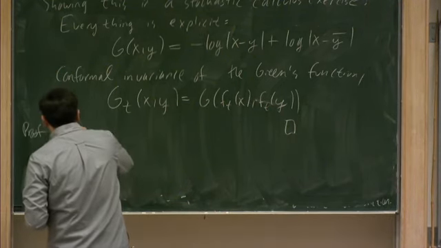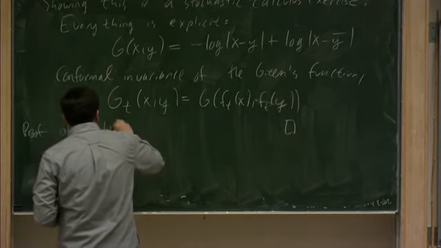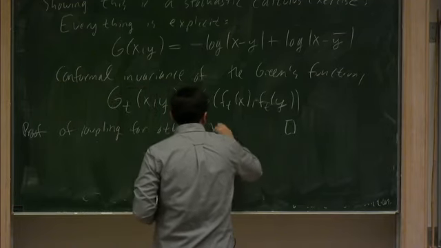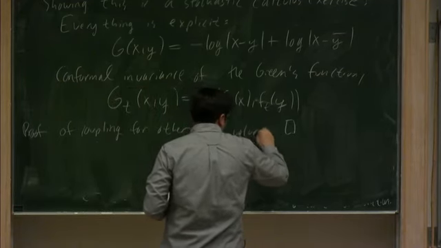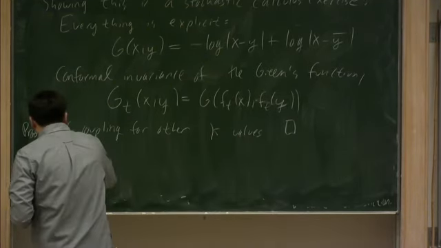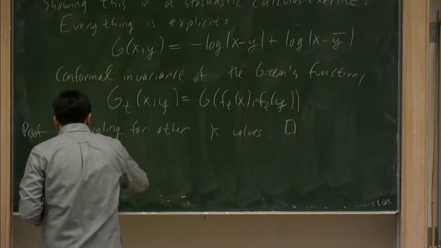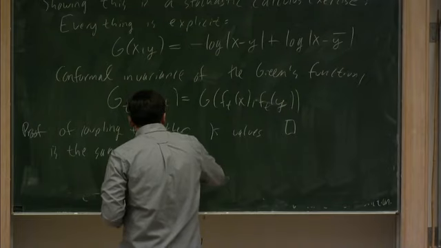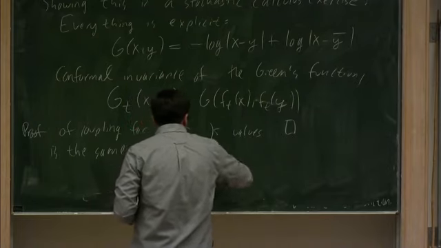First of all, the proof of the coupling for other kappa values. In particular, kappa equal to 4 or kappa bigger than 4 is essentially the same. The main difference is how you interpret these objects in terms of the Gaussian free field.